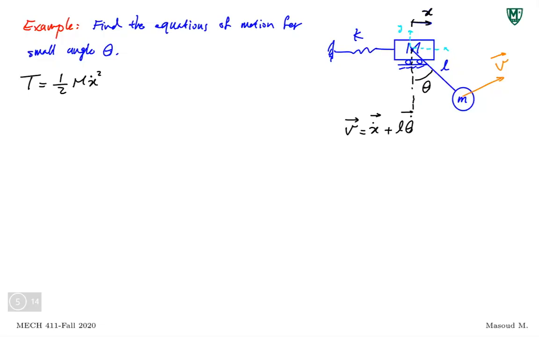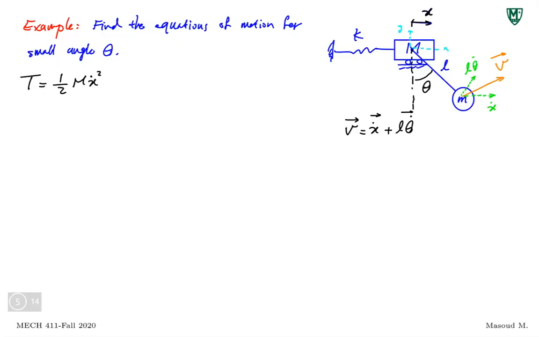So this would be a combination of x dot, the velocity of the frame, plus the relative velocity, the velocity of the pendulum with respect to that xy frame. It's perpendicular to L, so it would be L theta dot. So R omega.